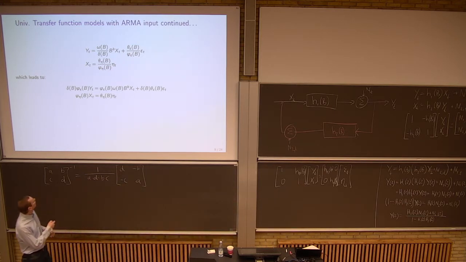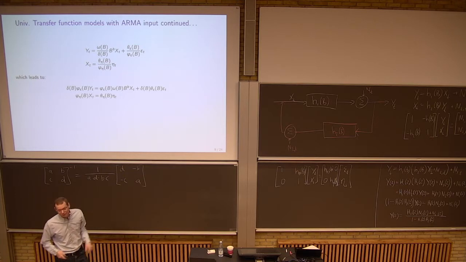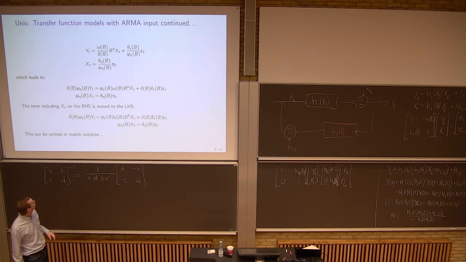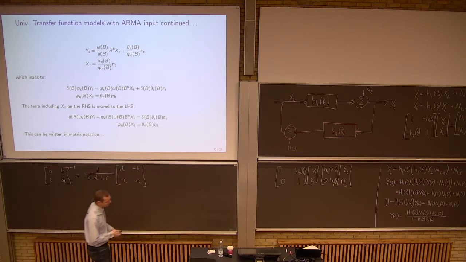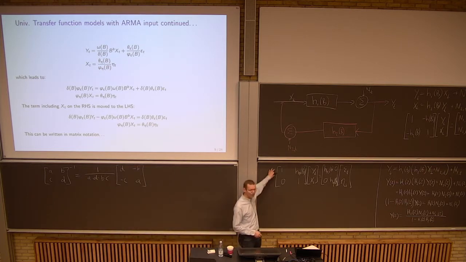So you could also go from there and write the same system, moving this term here to the left-hand side. That is also a matrix representation, and we can write that as an equivalent of this formulation here.